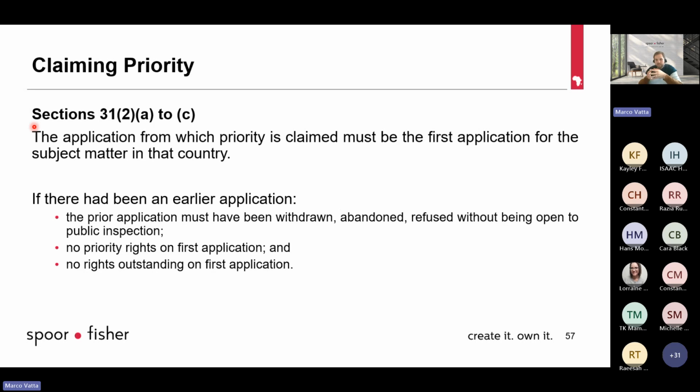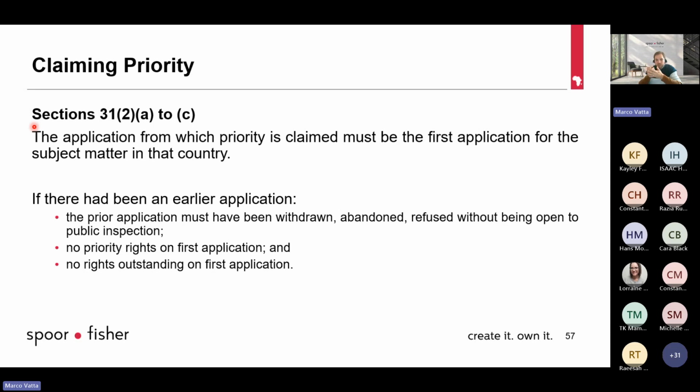By the time it reaches the South African stage, they'll claim priority from one of the later filed applications that was filed in the US and have what seems to be a valid priority claim in South Africa. But when you take a closer look at the application from America, you'll see that it actually has prior priority claims to it, which would render the South African case invalid in terms of its priority claim.